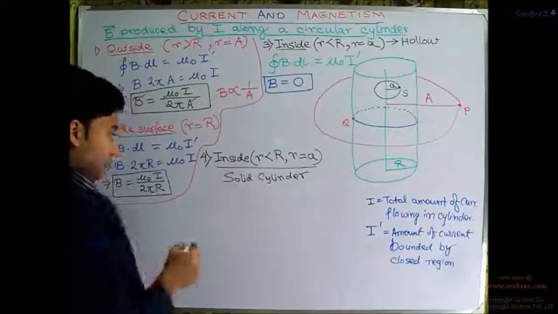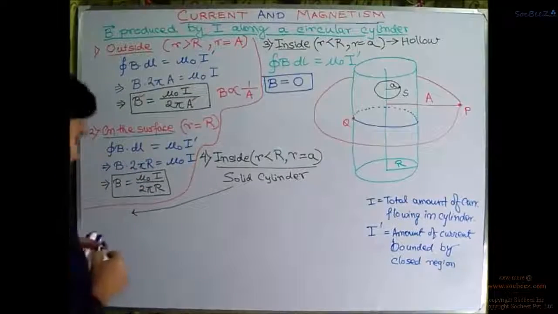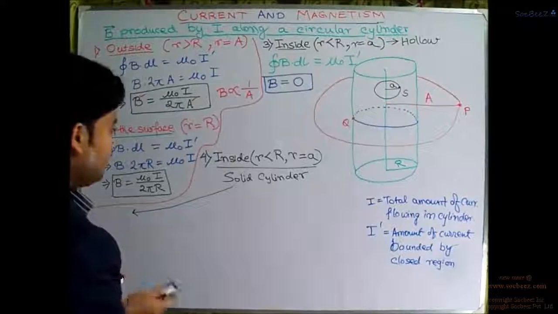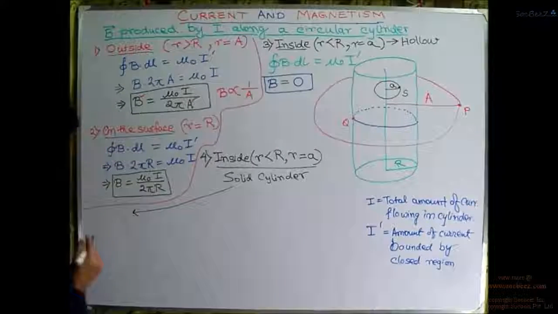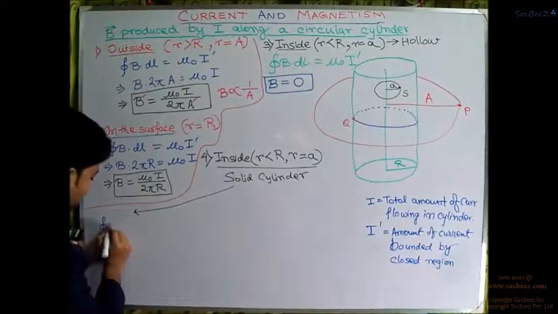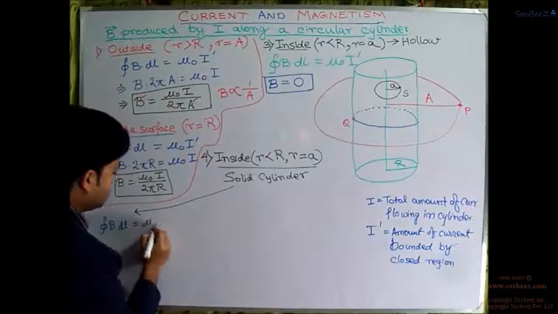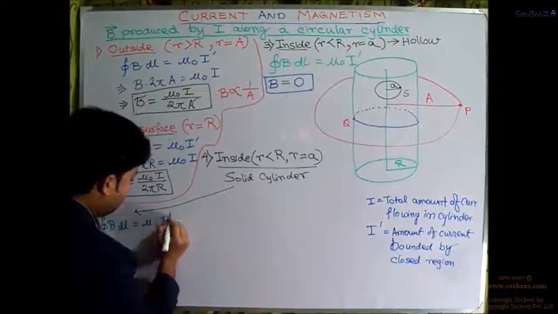If we take it for the derivation, the line integral of B at that particular region will be equal to mu naught multiplied by I dash.